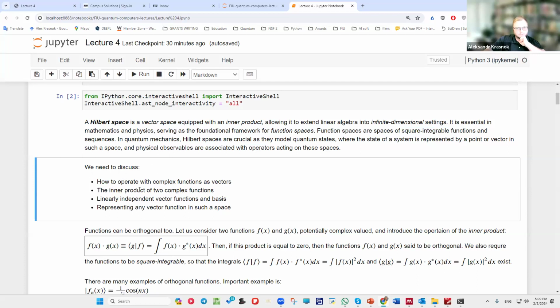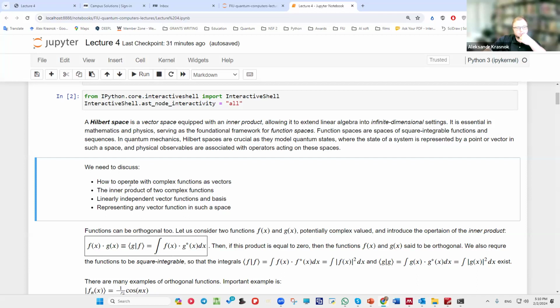So here I summarized what we need to discuss. We need to discuss how to operate with complex functions as vectors. If you never heard about function space, this is the lecture for you. It's a very important concept in math that we can work with functions the way we work with vectors. We'll discuss that in what follows today.